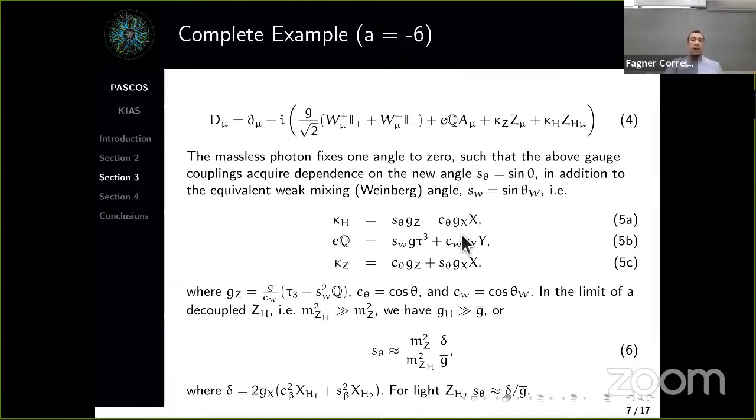In the decoupling limit, where Z_H is heavy, and the process is at the electroweak scale, this mass mixing angle scales with 1 over m_C squared over the new vector mass squared. That means that in this limit we can assume that the theory is totally leptophobic, but only in the limit where Z_H is heavy, because when Z_H is light, this mixing angle scales with this delta here, which goes with the gauge coupling.